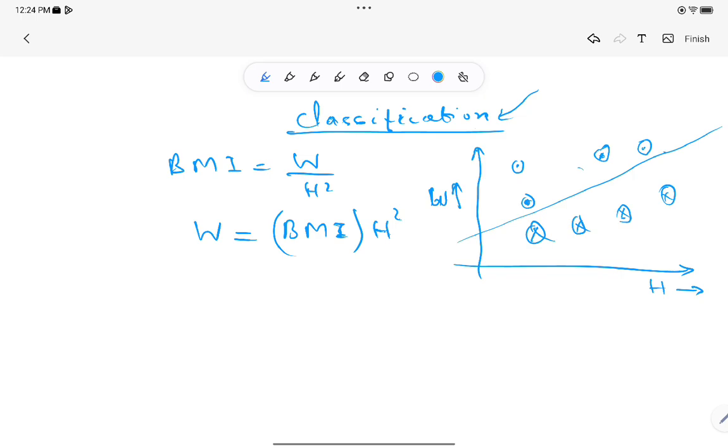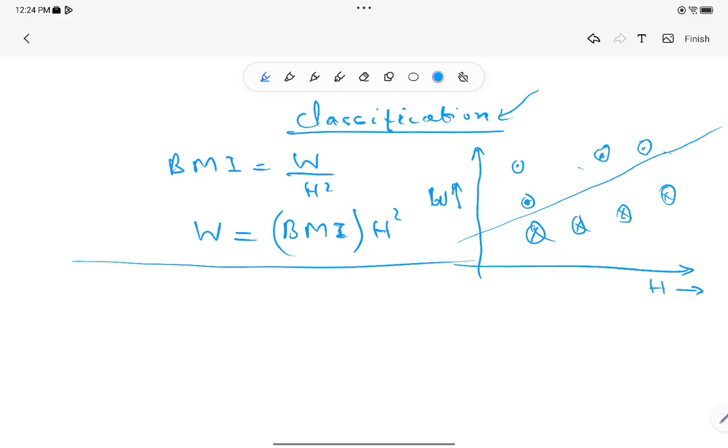So to sum up, data can be classified into two or more categories, and in case of two categories, the classification is called binary classification. And this binary classification can be done either by a straight line or by a curve. If it is done by a straight line, it is called linearly separable classification. If it is done by a curve, then it is called non-linear classification.